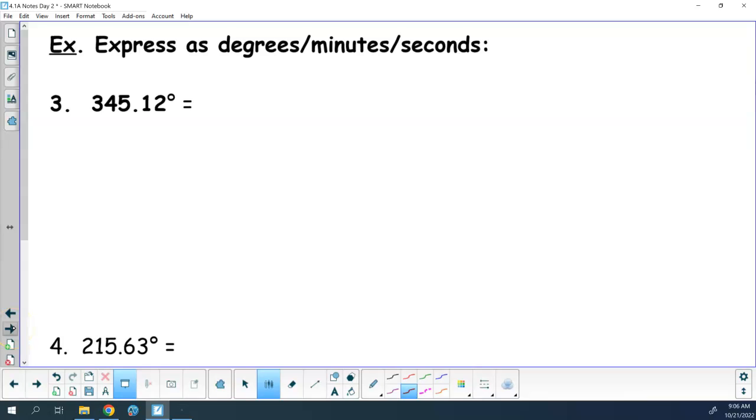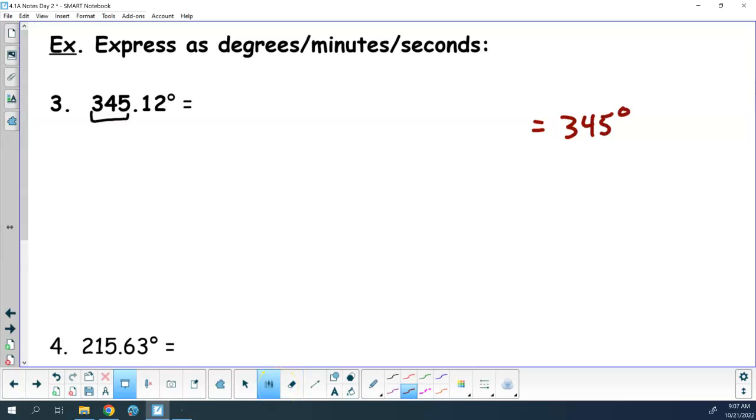Okay. Going the other way now is actually a lot easier. Okay? Because here's what you do. 345.12 degrees, well, 345 is going to be 345, right? Okay? So my answer over here is going to be 345 degrees. Oops, I put 354. Come on, Linsmeyer, you're better than that.